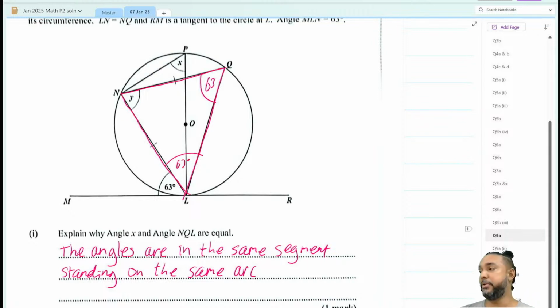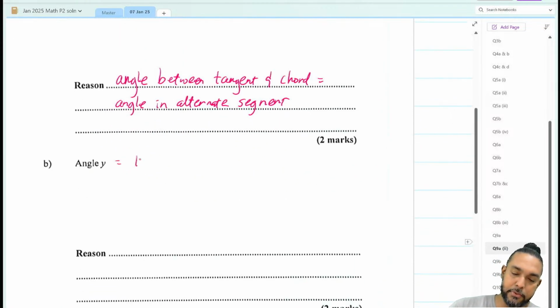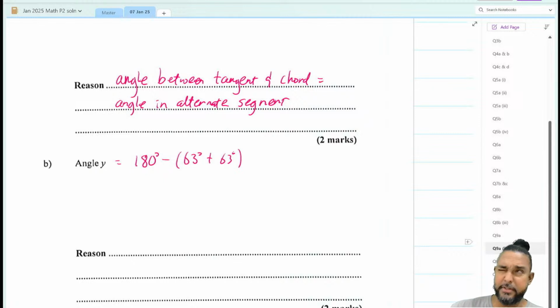So if we add 63 to 63 and subtract from 180, because the sum of the interior angles in a triangle is 180 degrees, angle Y is equal to 180 degrees minus (63 plus 63). That's 126, and 126 from 180 is 54 degrees.